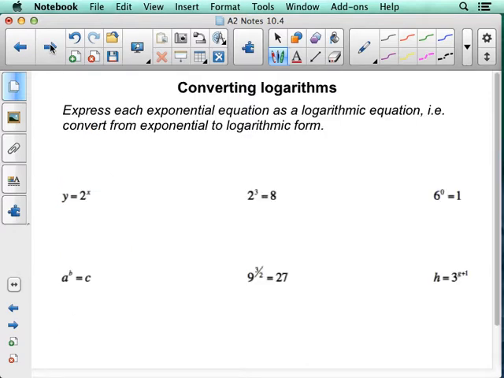Okay, so express each exponential equation as a logarithmic equation. What this is saying is log base 2 of y equals x. And this is saying log base a of c equals b. This part here is always your base. Your exponent here is always what it equals.